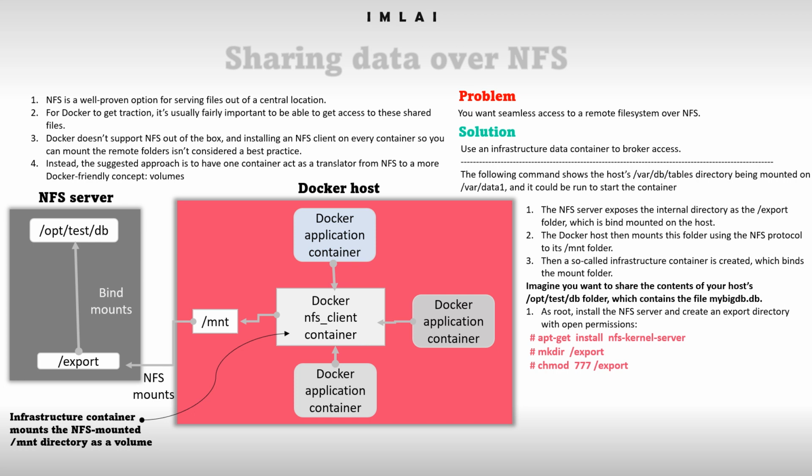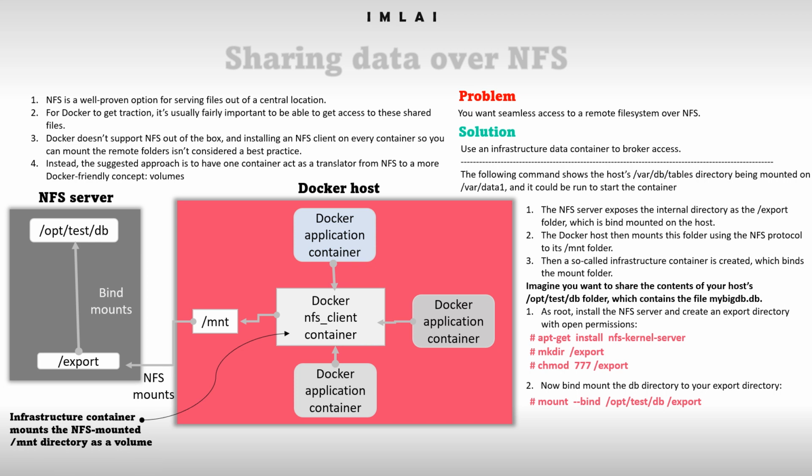All permissions are given to that export directory. Then once that is done, bind mount the db directory to your export directory using this. Bind mount your db directory with the export directory.